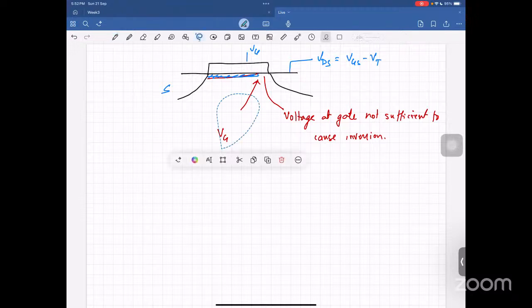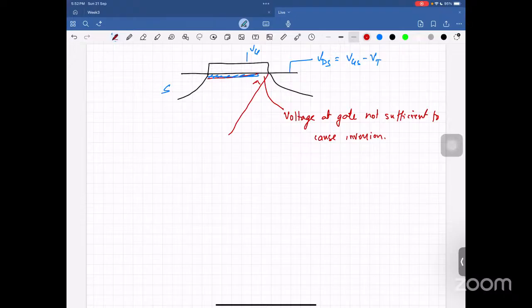It is my voltage at this point, okay? At the edge of the drain, right? So this will be VG minus, it will be VGS minus VT, or VGS, both are essentially the same in this case, because you are applying reference as the source voltage, minus VT.